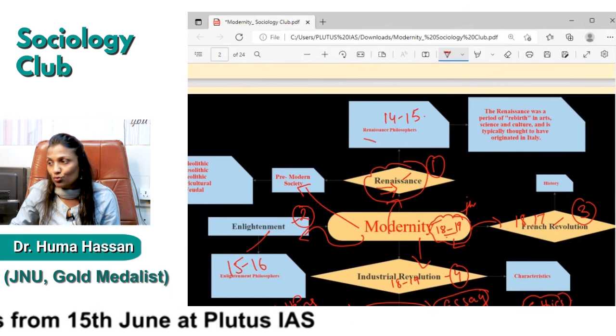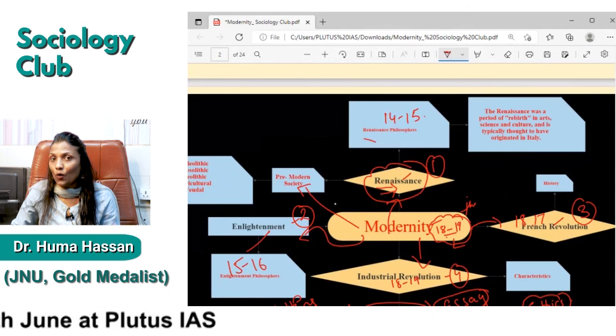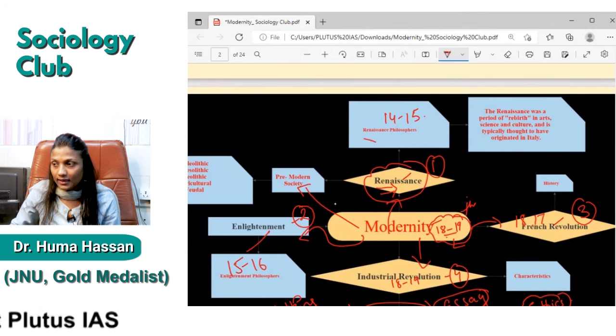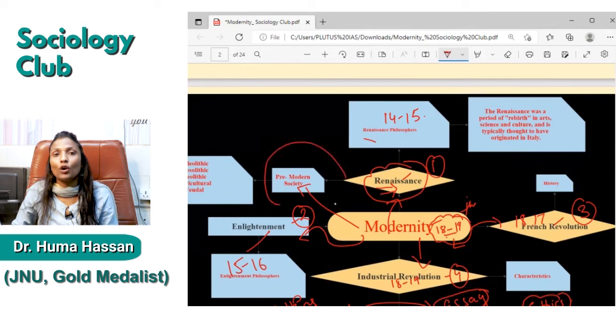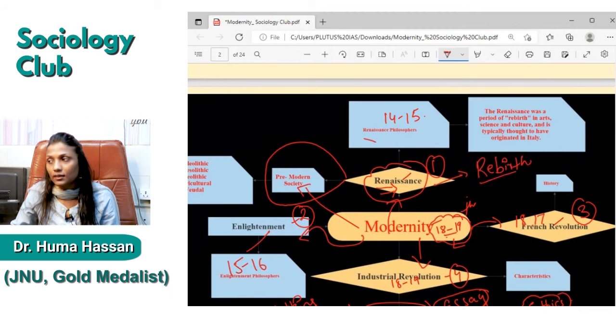If I want clarity on what the Renaissance means, I should know what pre-modern society means. Renaissance means rebirth. What rebirth?